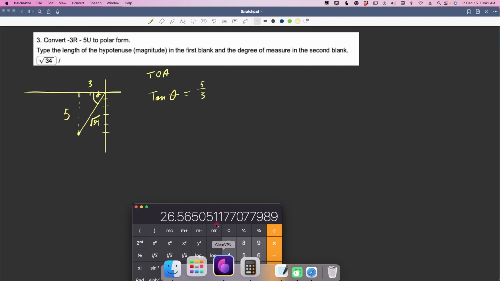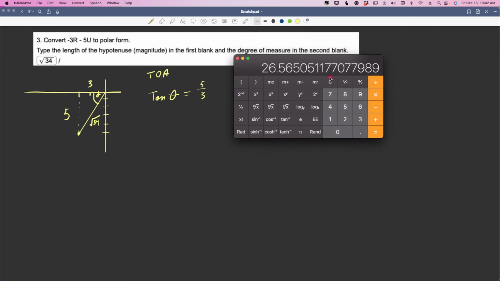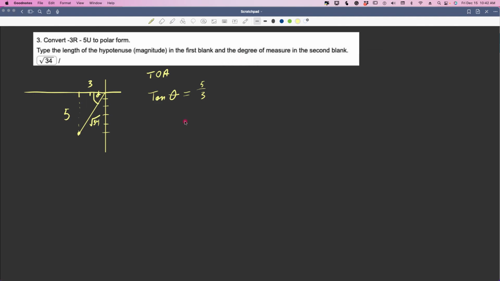This is one of those things you just have to use the calculator for. Okay, and we do 5 divided by 3 equals. And then we hit the inverse tan, or tan -1. And our degree of measure is 59.04, because we're rounding to 2 places, as is our standard. So 59.04 is theta.